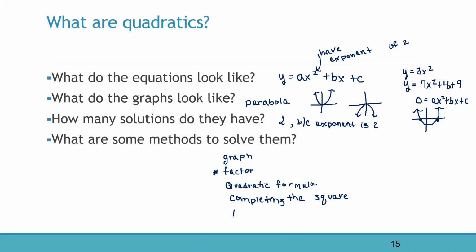And then for very simple ones, we have taking the square root. Because we know square root is the opposite of squared. And so if we have something that is just a power function like this first one, I could divide by 3 on both sides and then take the square root to get x by itself. When we take the square root, we are going to have to use the plus or minus so that we get the two solutions. And again, we'll get into that later in the course.